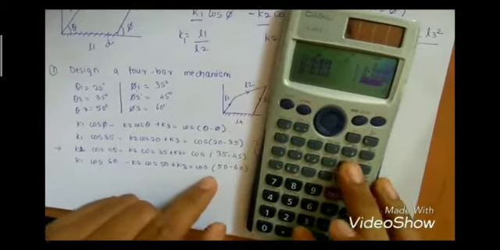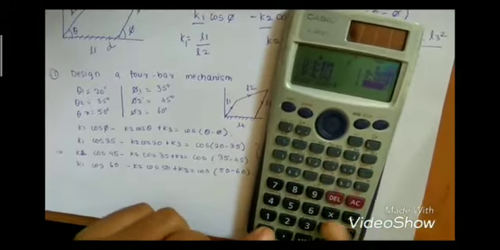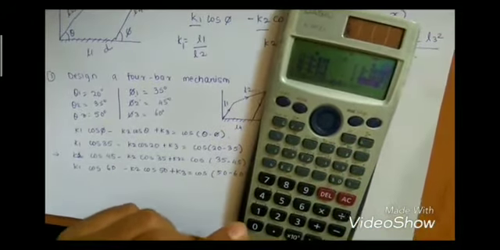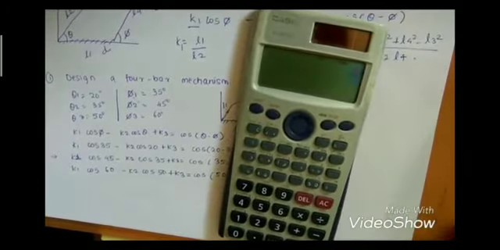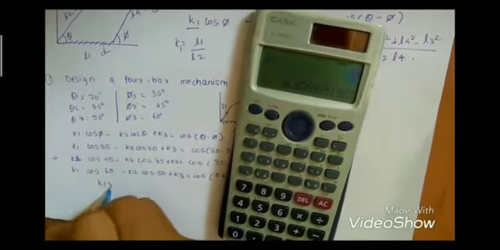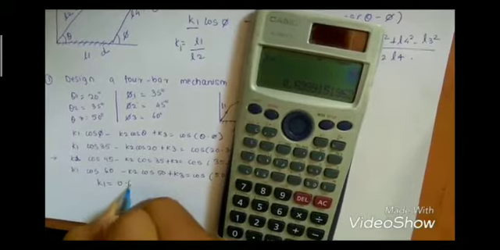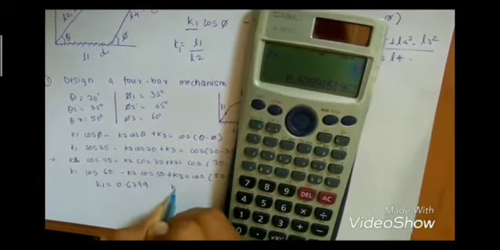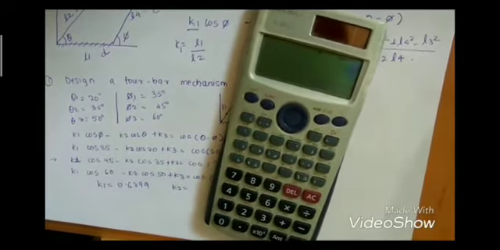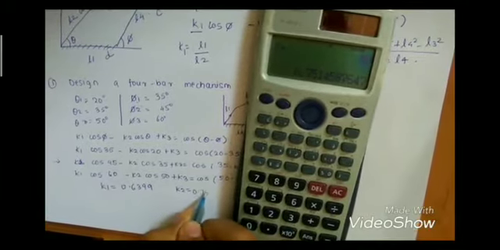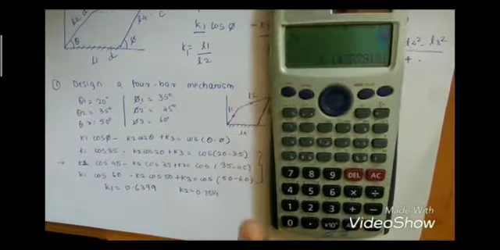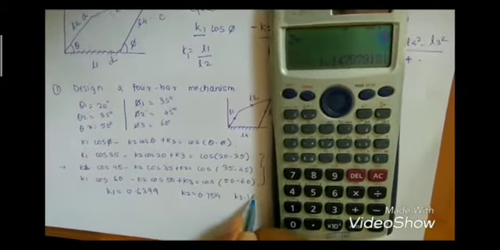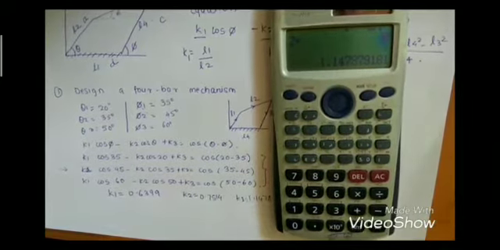The d, that is the fourth unknown, will be cos (50 minus 60). So solving the simultaneous equations, we get k1 is equal to 0.6399, k2 is equal to 0.7514, k3 is equal to 1.1478.